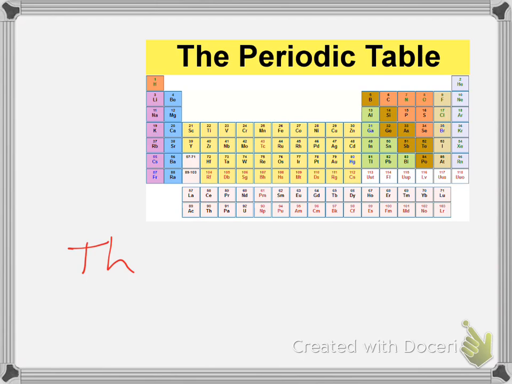Unfortunately, the periodic table that I picked doesn't have the masses, so I'm just going to refer back to the one on the bigger screen. Okay, so thorium, atomic number 90.